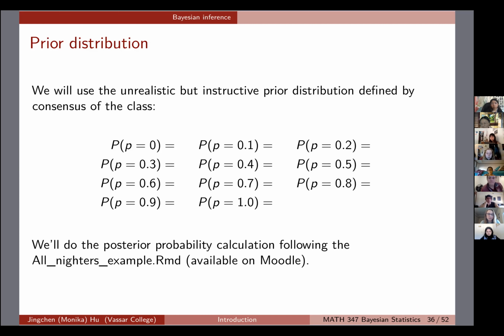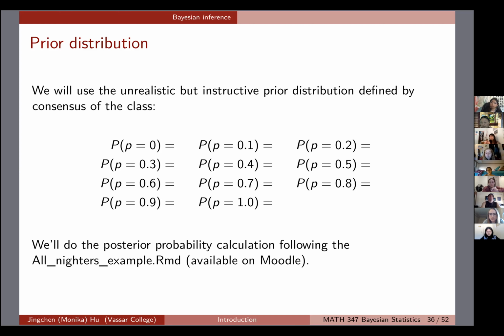We're going to try to construct the prior distribution by doing a consensus of the class. Let's say we think that p, the proportion, could take 11 different values. It could be 0, it could be 0.1, like 10%, 20%, 30%, etc., up to 100%.